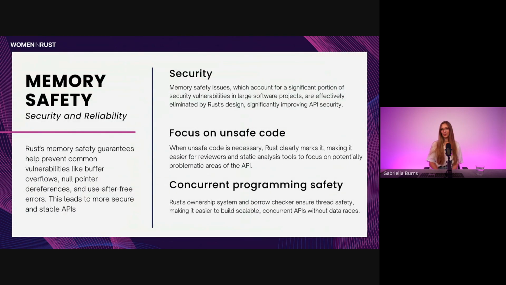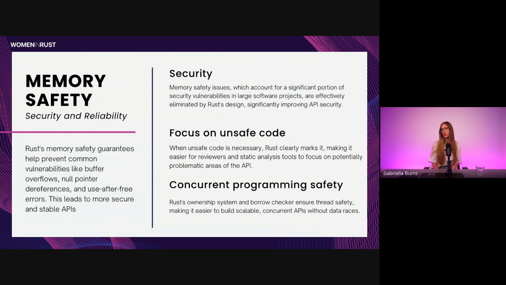Like I said, you're going to hear so much about memory safety, you'll be sick of it. So first, let's cover it from the standpoint of security and reliability. Rust's memory safety guarantees help to prevent common issues. I think I've said buffer overflows and null pointer dereferences already, and use after free errors. So this leads to more secure and stable APIs.